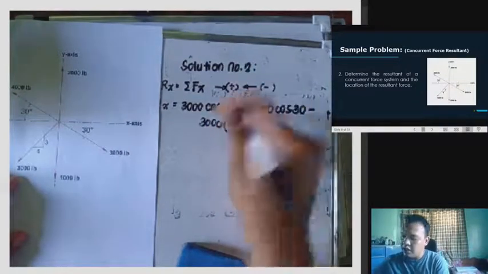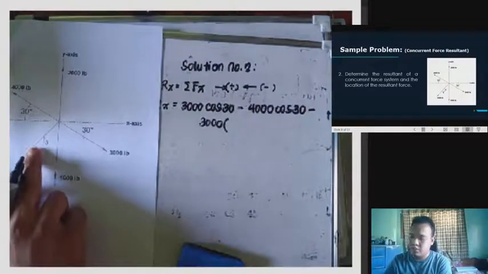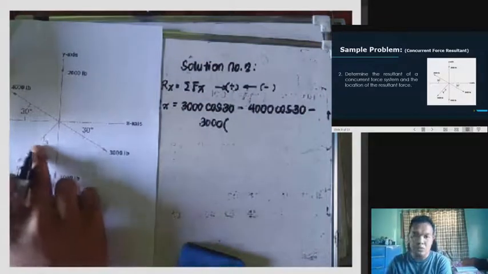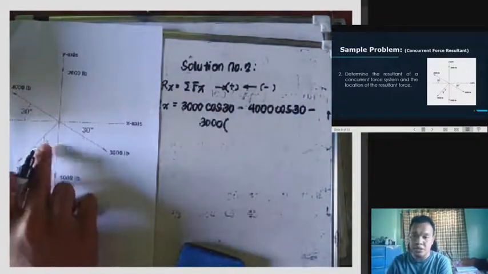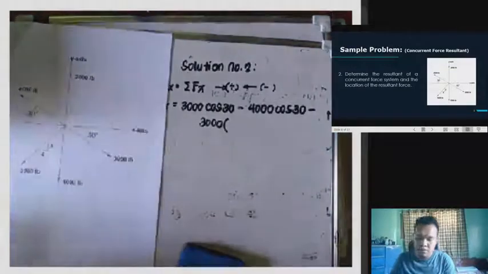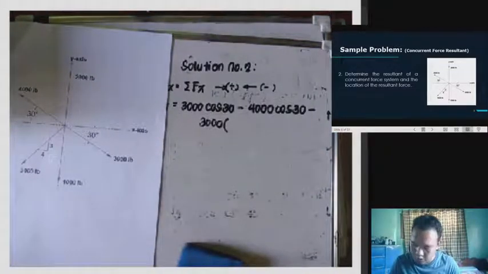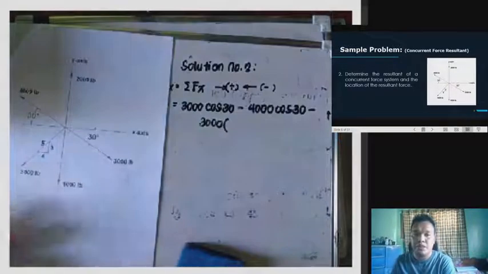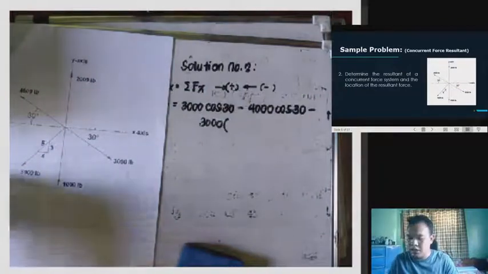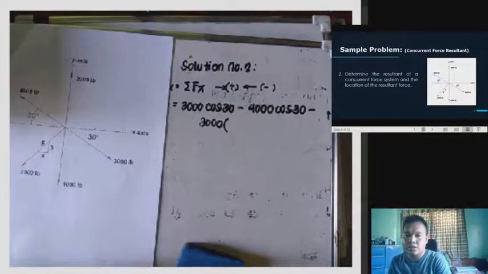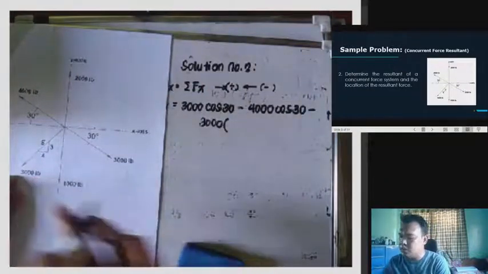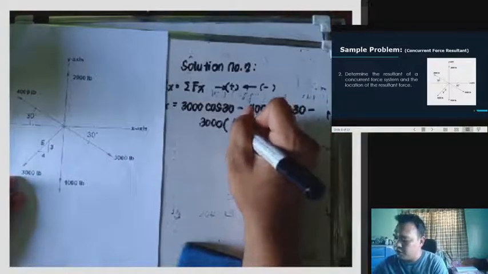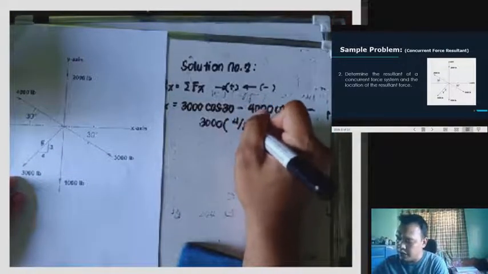Then kukunin ko yung hypotenuse nito. We have here 4 and 3 magic triangle. So square root of 5 po ata yan. Diba? Solve natin. 4 squared plus 3 squared, 5. So we have here 5 na value. So lalabas the fx of this 3,000 pounds is 4 all over 5.